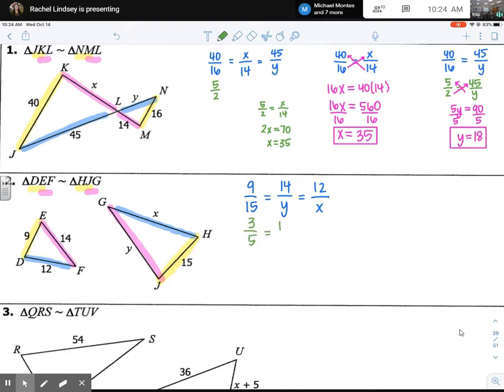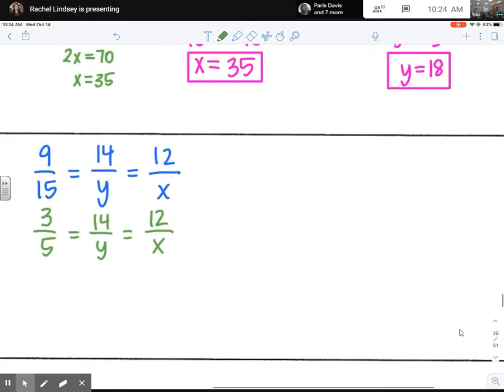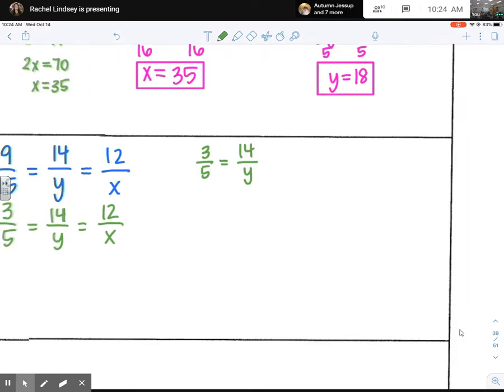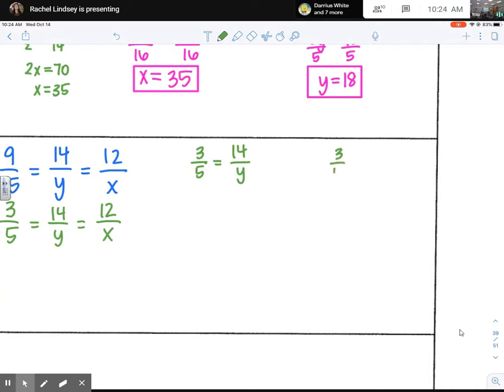So I'm going to use the reduced one, because it gives me smaller numbers. So I have 3/5 equals 14/Y, and 3/5 equals 12/X.